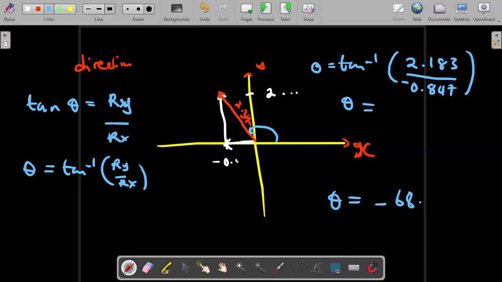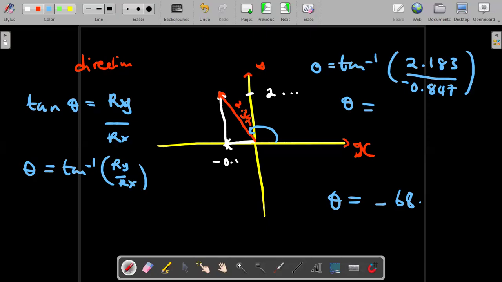So we had 2.183 divided by 0.847, like this. So this here, the answer we're getting there is negative, and we are saying tan inverse of that.